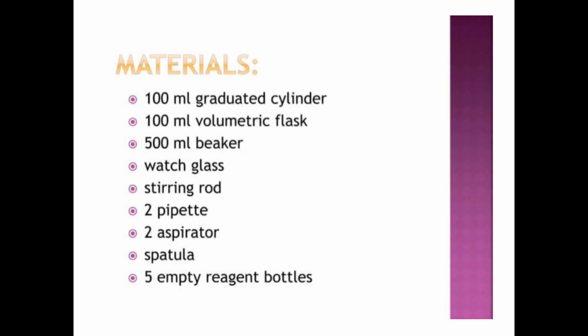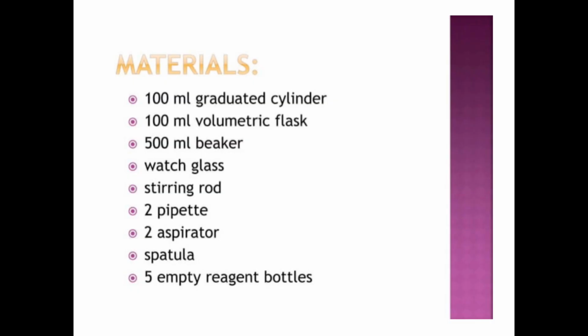An alternative to the aspirator will be a dropper. You can use a dropper to measure some amount of water or liquid that you want to use. You also need a chemical balance, preferably a digital chemical balance, so that you can weigh the mass of the pellets or the solids, especially in the case of base. So these are some of the materials we are going to be needing.